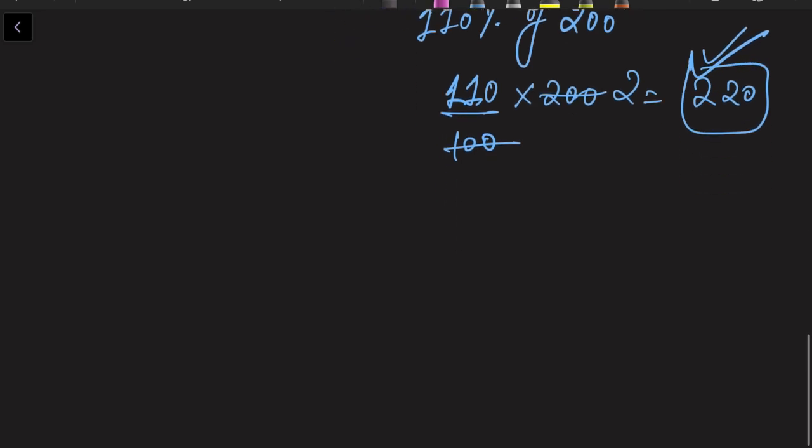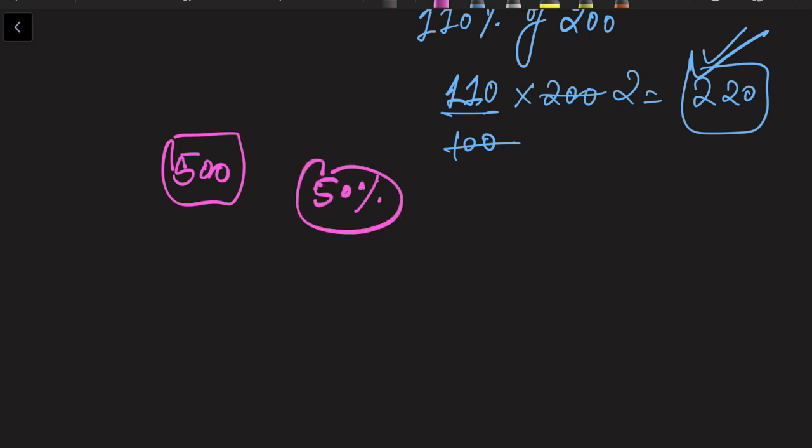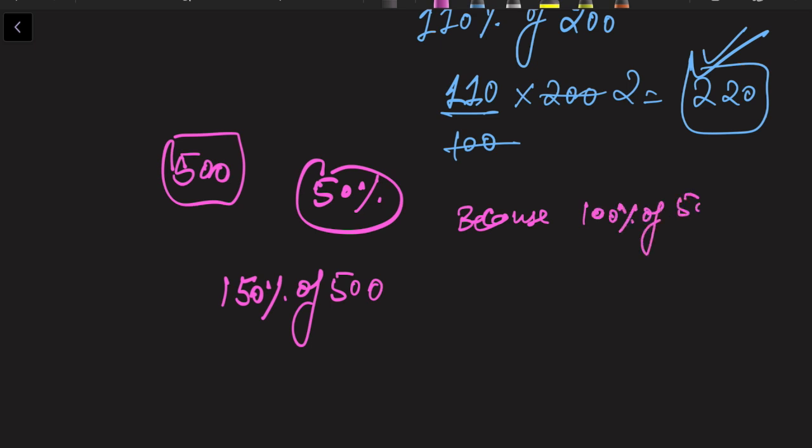Like if I say that there is a value 500, and it has been increased by 50%. So what am I going to write? The final value will be 150% of 500, because 100% of 500 is equal to 500 itself.